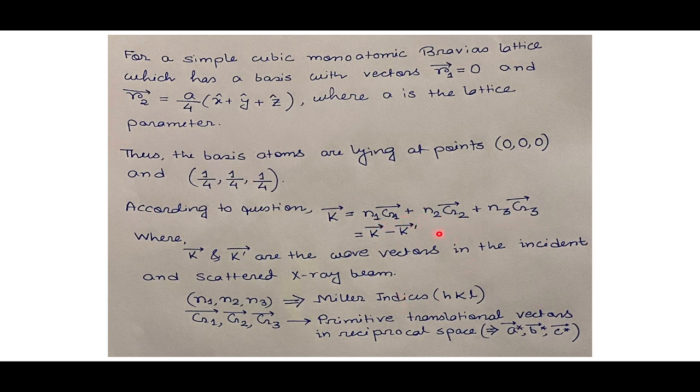Here n1 to n3 are analogous to Miller indices, and g1, g2, g3 are primitive translation vectors in reciprocal space. We usually write them as a star, b star, c star.